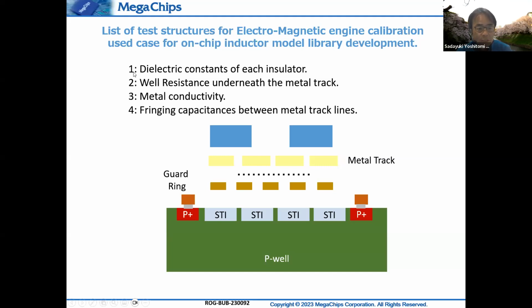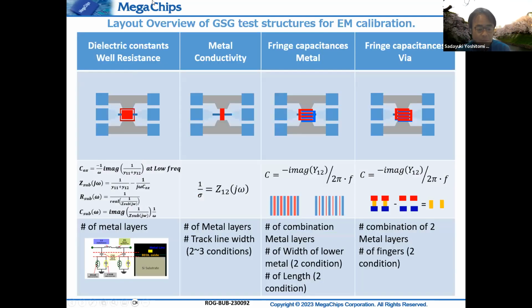These four matrices are targets to calibrate the electromagnetic, either EM simulation engine or PEX extraction engine. And this table lists the prototype patterns used to develop the EM setup or PEX setup.